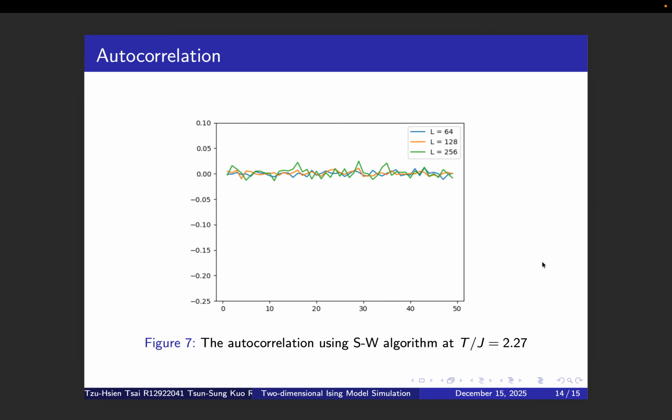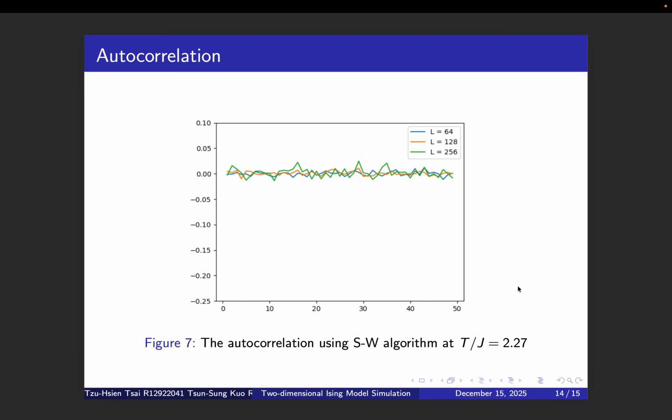The autocorrelation of the Swendsen-Wang algorithm is very small as well, but we can find that it is more stable in the beginning.